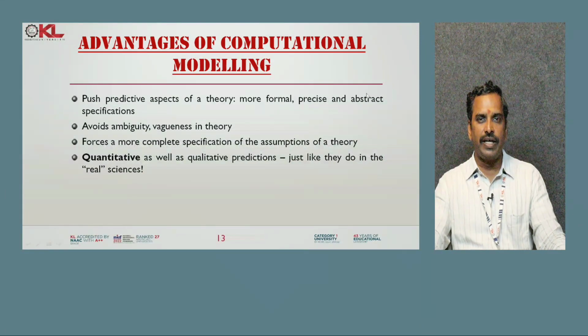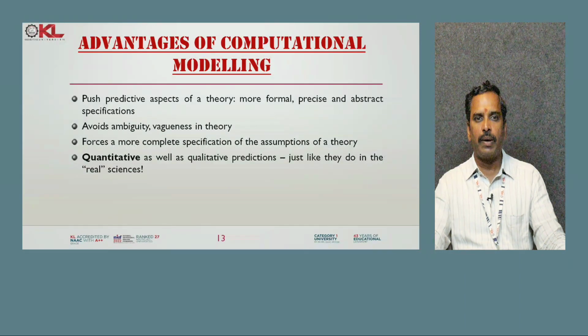So coming to this slide, the advantages: why and what we can explain by taking these advantages. Push predicate aspects of a theory into more formal, precise and abstract specifications. Avoids ambiguity and vagueness in theory.